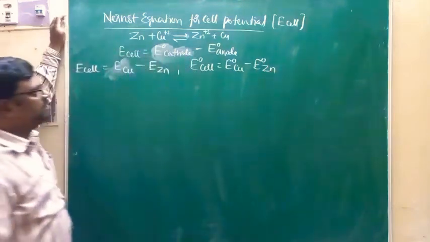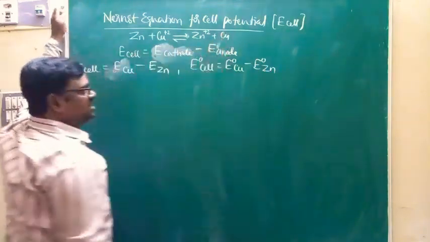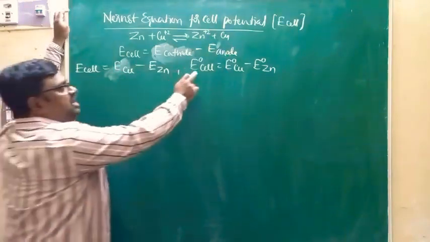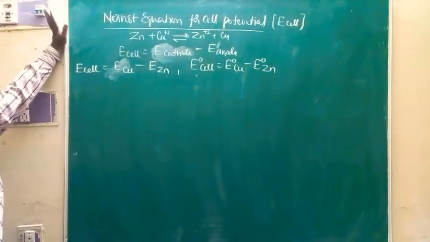Now, E of cell is equal to E of cathode minus E of anode, or E0 of cell is equal to E0 of cathode minus E0 of anode, right? So all this is already known to us.